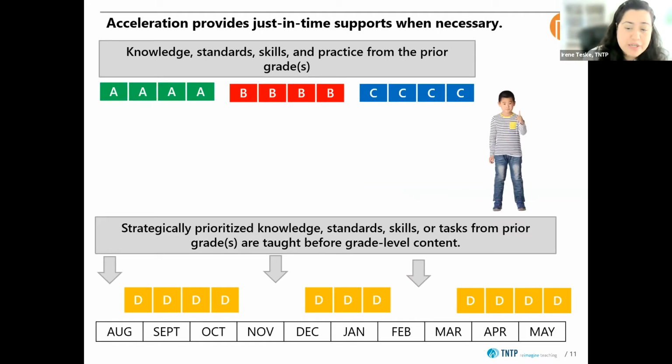Thanks, Harsha. So for acceleration-minded educators, on the other hand, their approach to instruction is very different. So rather than engaging in remediating strategies, educators rely on concepts like just-in-time instruction that takes unfamiliar concepts or concepts from previous grade levels, and it uses those to scaffold students into grade level learning.